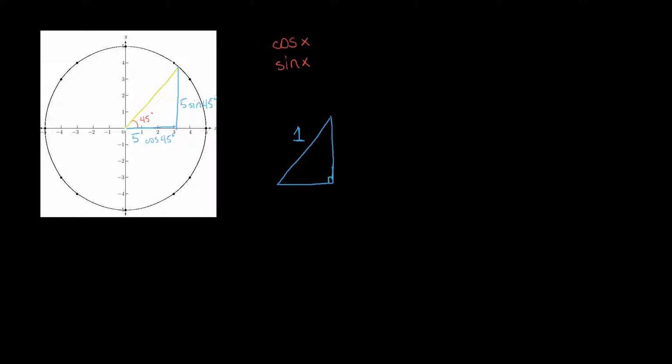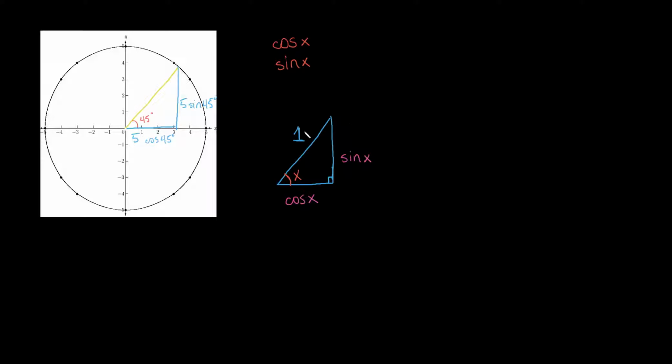And let's say we have some angle here of x. Well, as we hopefully know by now, in the x position we have the cosine of x, and in the y position we have the sine of x.